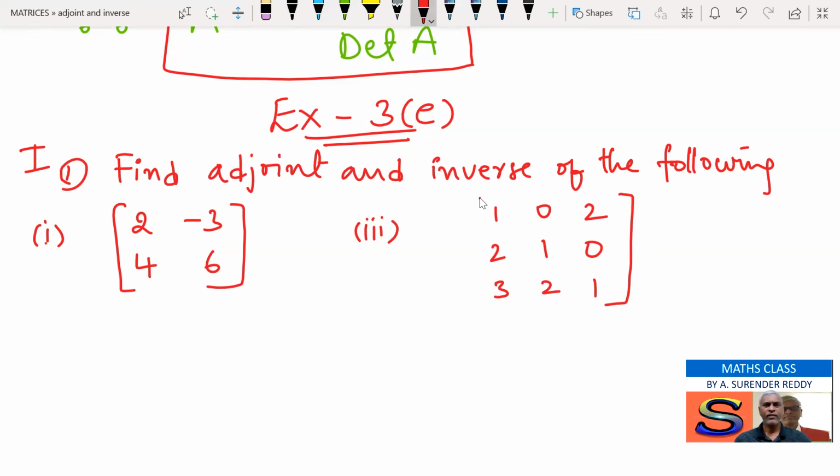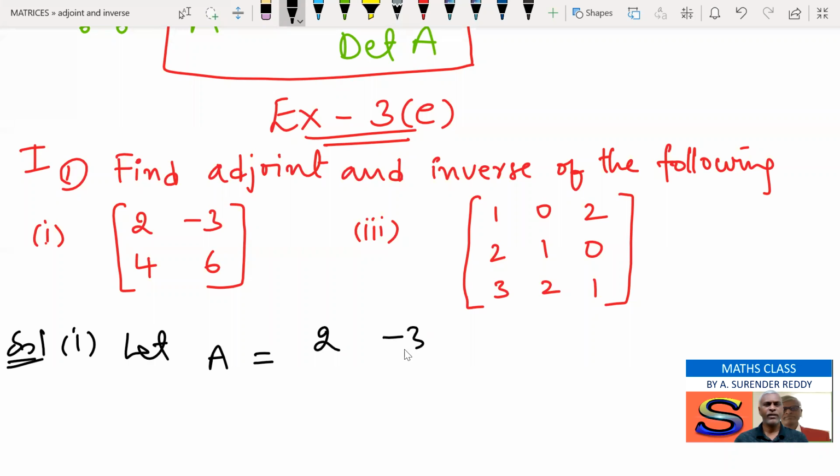So let us find adjoint and inverse of both the matrices. Now first one, let A is the given matrix 2 minus 3 4 6. So let this matrix be A.